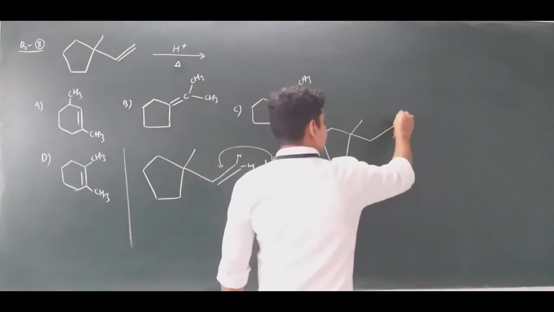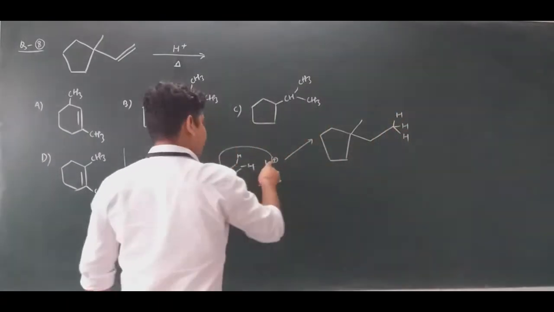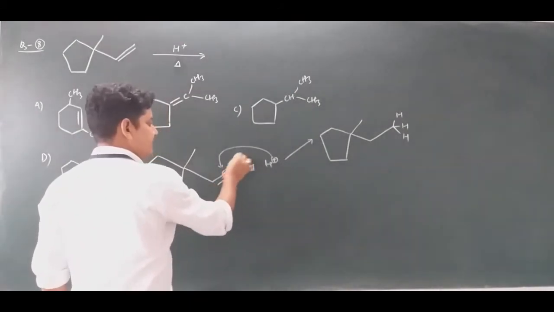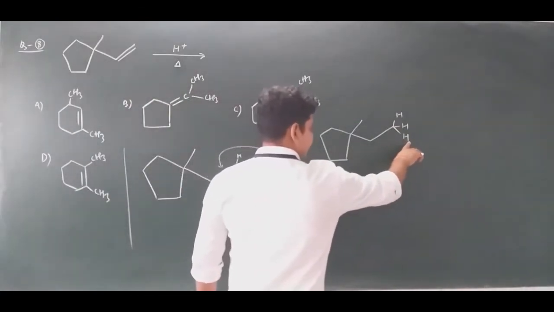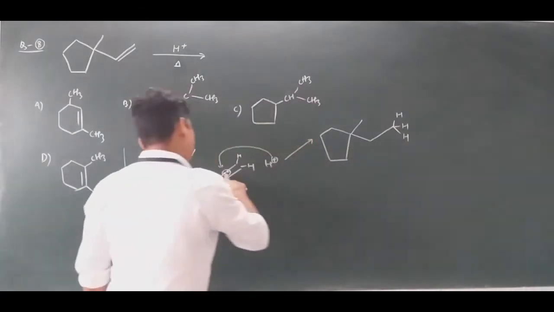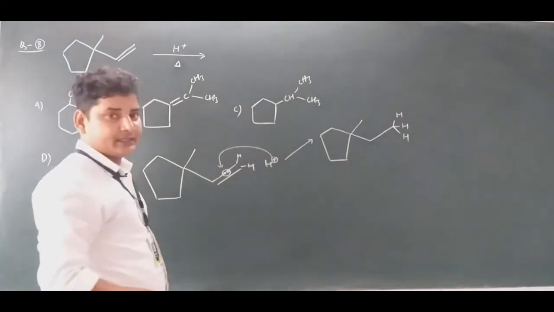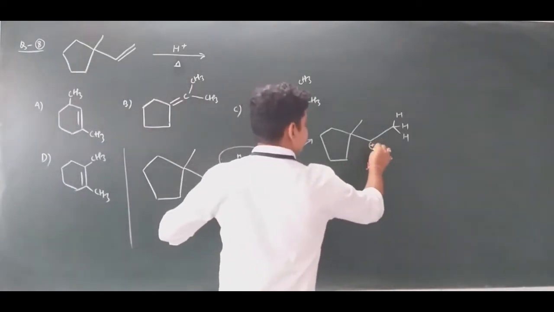When the third H comes here, with two H already there, the 2 electrons go to that H plus, neutralizing it, and it is added in the form of H. Now when hydrogen is added at this carbon, the plus charge will be at the other carbon.